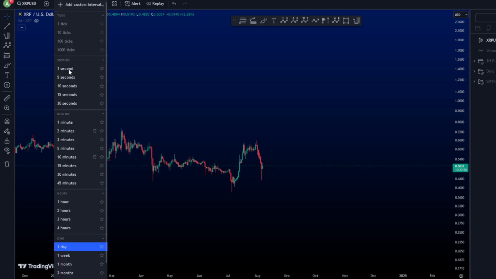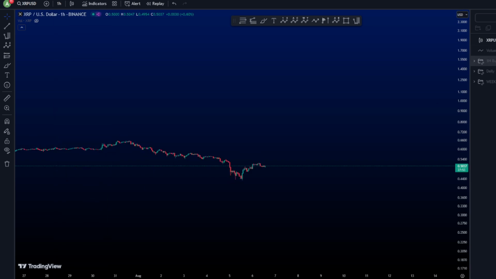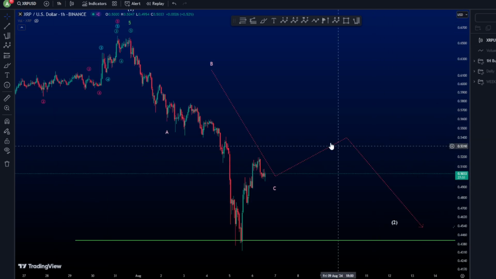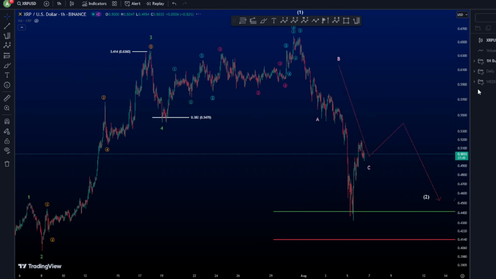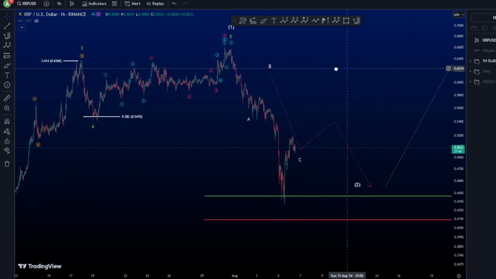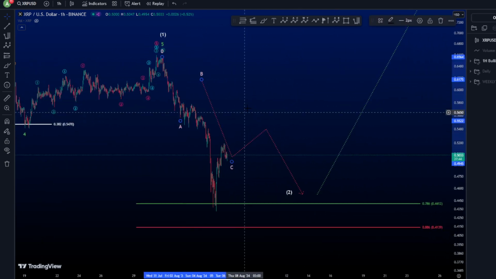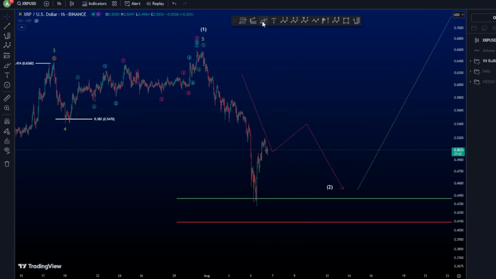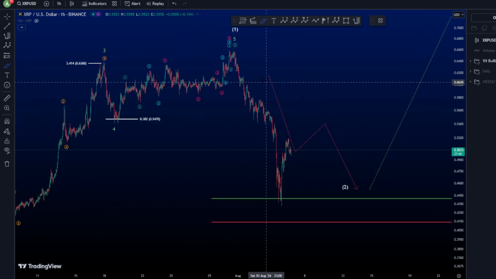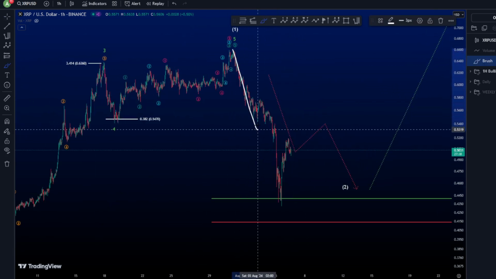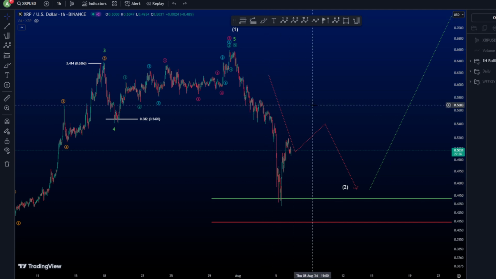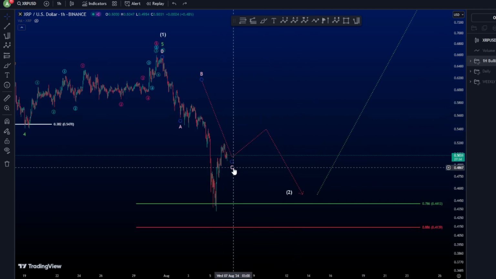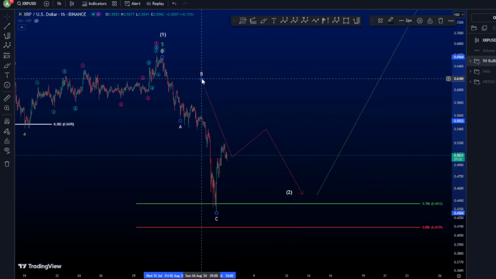If we move on to the 1 hour chart, we can see the expected scenario is working perfectly. So of course now we're going to consider this as an ABC, an A, a B, and a C. Actually, let's keep those here exactly like that.